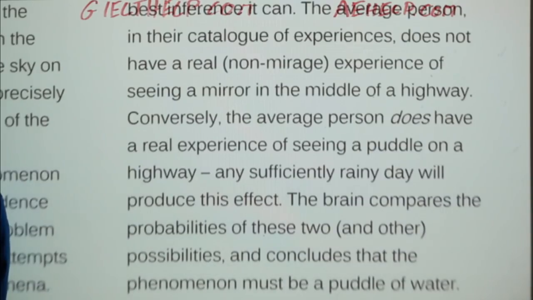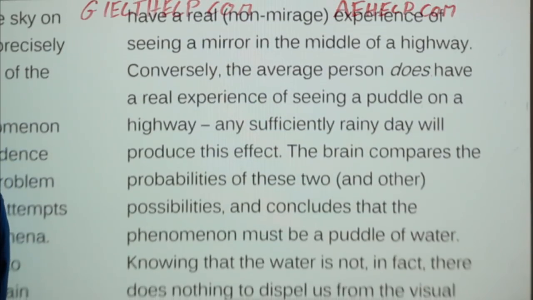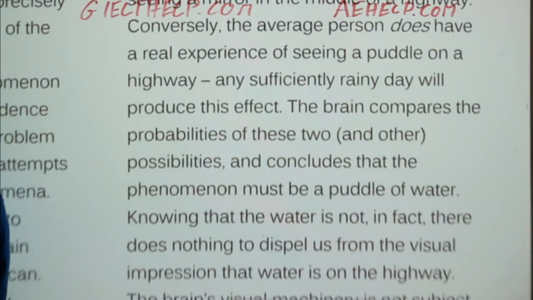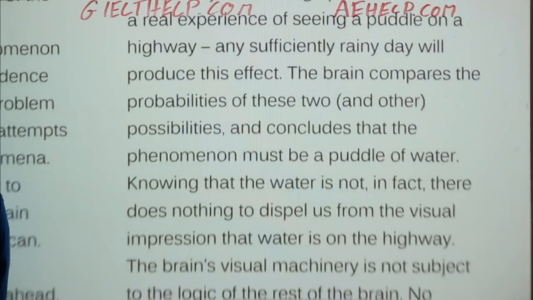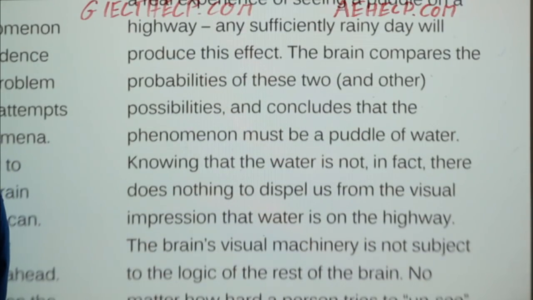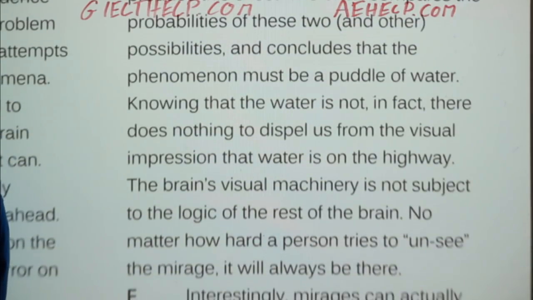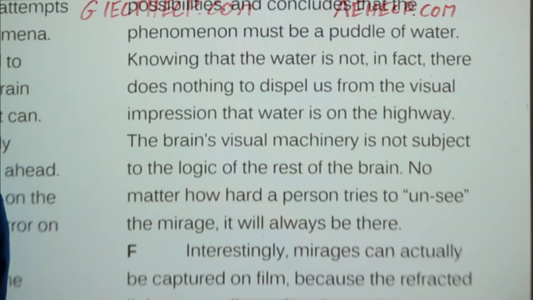Conversely, the average person does have a real experience of seeing a puddle on the highway. Any sufficiently rainy day will produce this effect. The brain compares the probabilities of these two and other possibilities and concludes that the phenomenon must be a puddle of water. Knowing that the water is not, in fact, there does nothing to dispel us from the visual impression that water is on the highway.